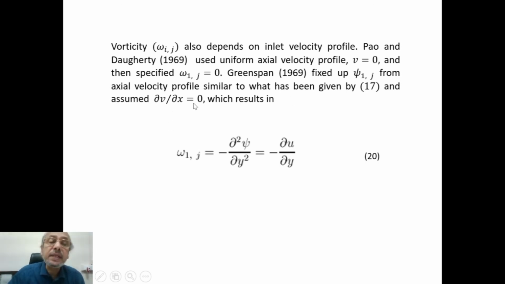Greenspan did ∂v/∂x equal to 0, so that omega, which is ∂v/∂x minus ∂u/∂y, is everywhere ∂²ψ/∂y² at the inlet plane, given by equation 20.